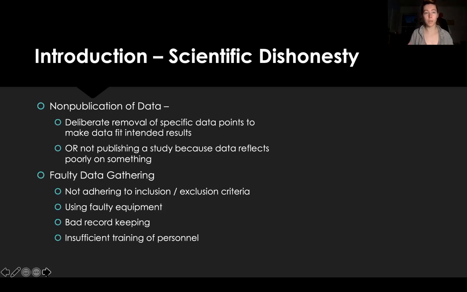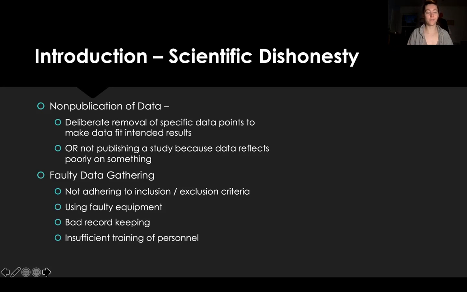Non-publication of data. So a lot of people don't think about this. So if you do like a study, and this usually happens with studies that are backed by certain industries, if it doesn't have a favorable outcome for that industry, they might not publish it, which is dishonest, you know?